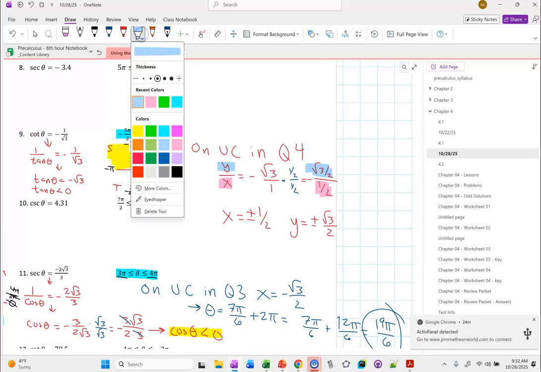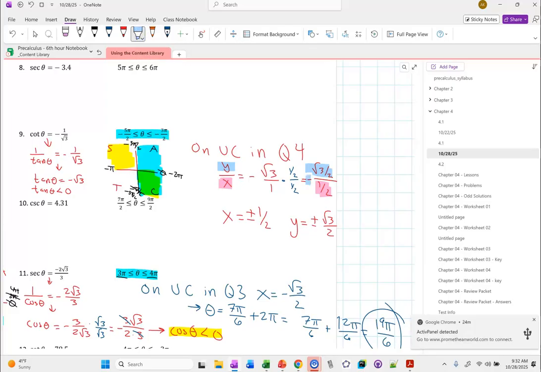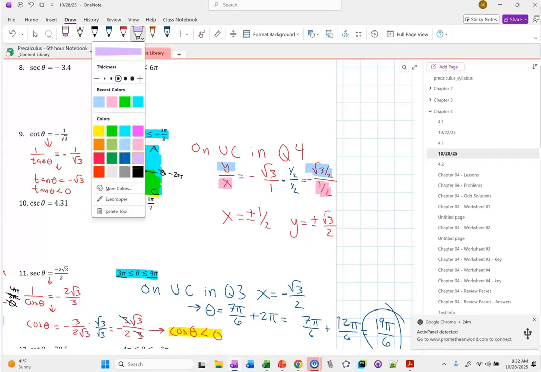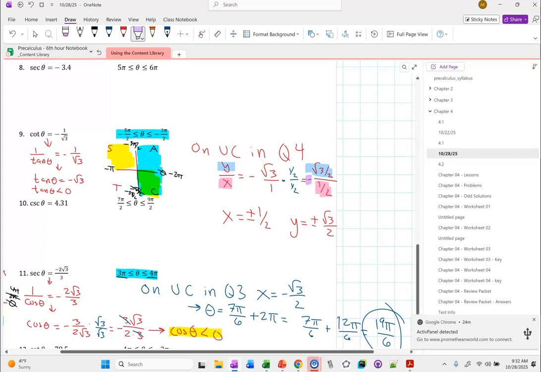Now keep in mind, because this is a negative, I don't know where that negative sign goes, whether it goes with x or y, so it could be with either, but that's what I'm looking for.